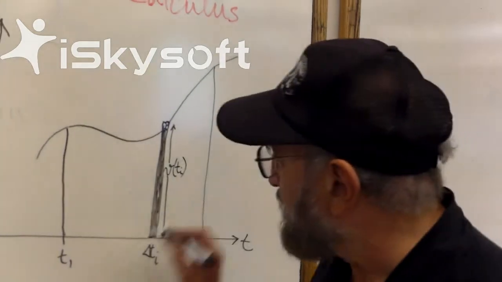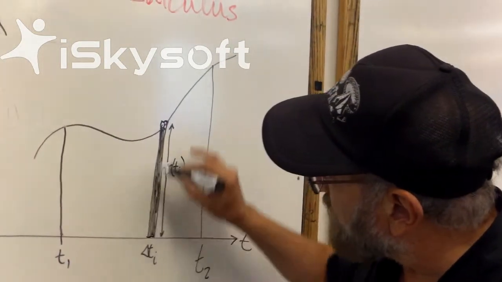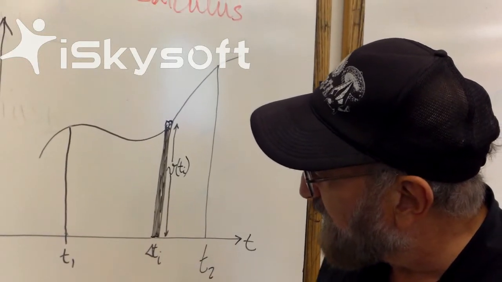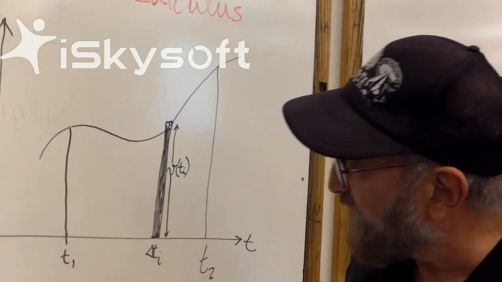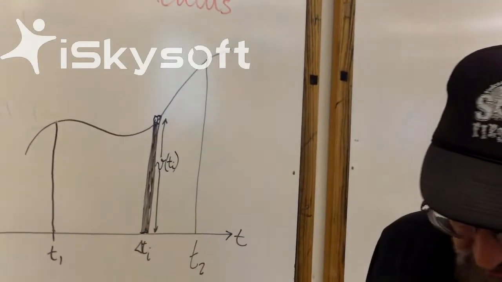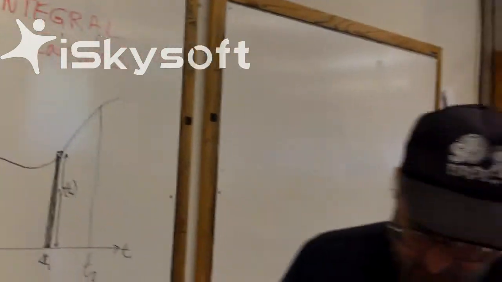If you add them up, and you can see that it's still a rectangle, and a rectangle has an area that's the velocity at that particular point times the increment of time that elapses.